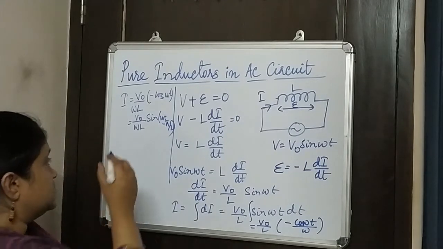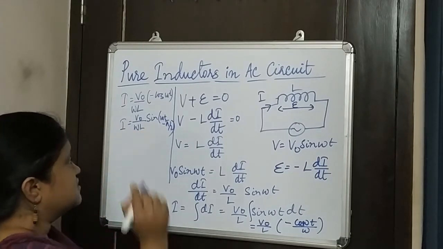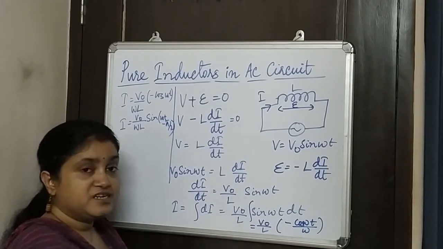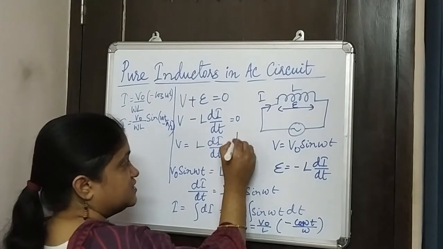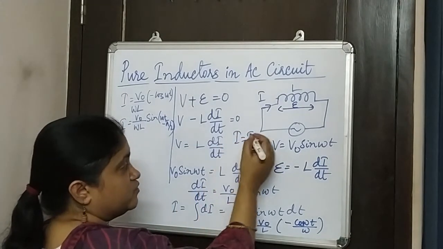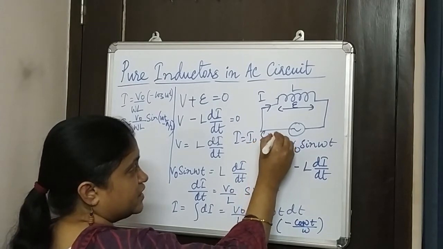We are writing it in sinusoidal form because we know that the representation of AC current is I equal to I naught sine omega t.